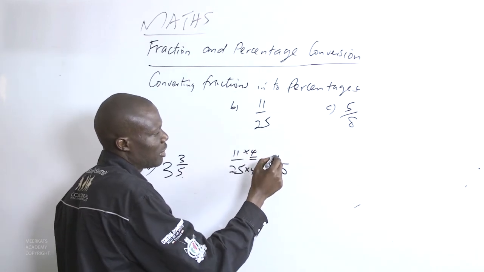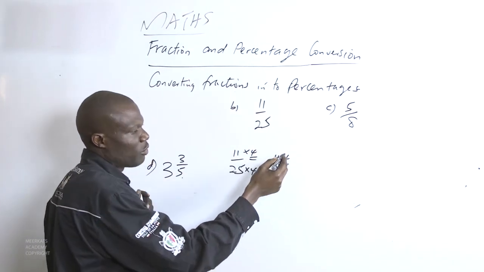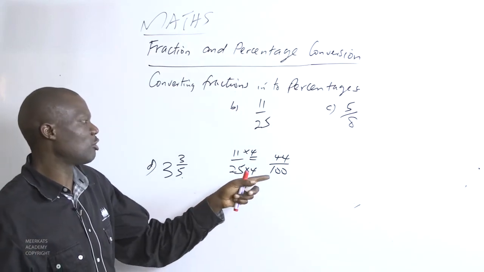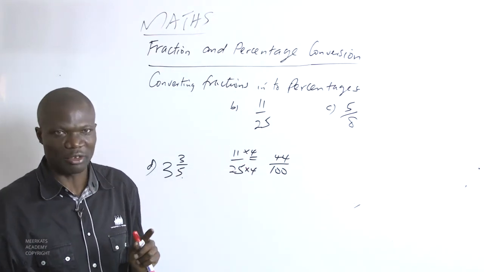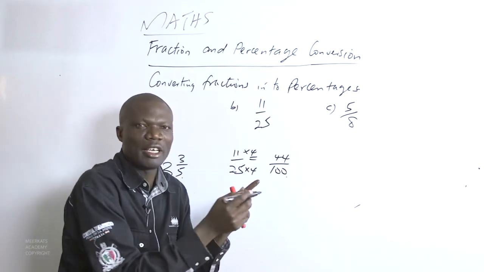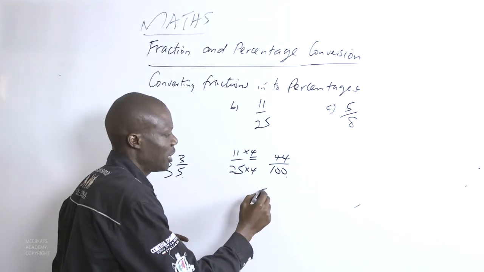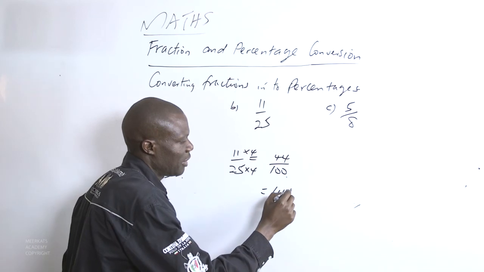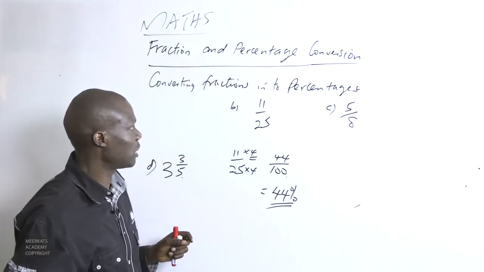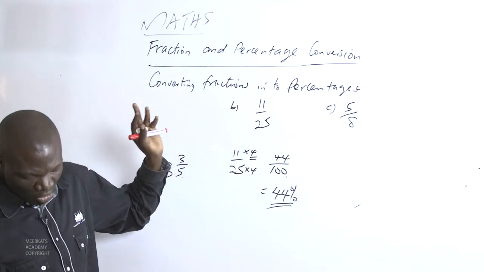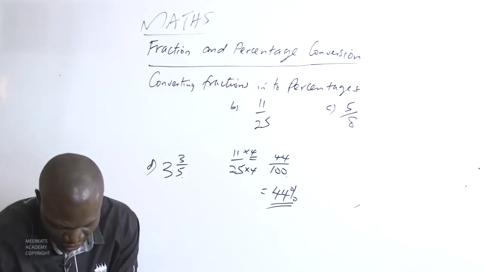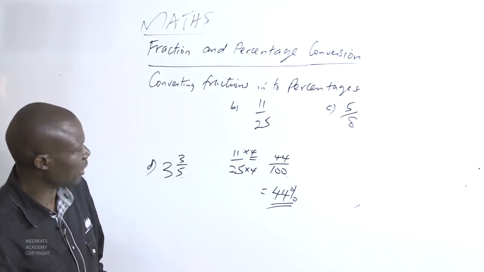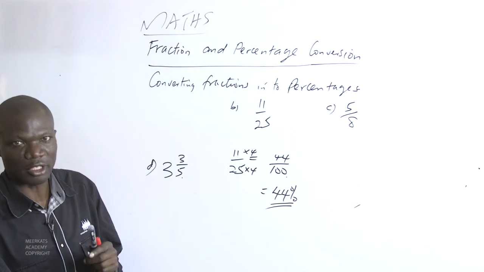You'll get 44. So 44 over 100 is equivalent to 11 over 25. Because the denominator here is already 100, the required percentage is 44%. You can simply agree that 11 over 25 is the same as 44%. That is done.